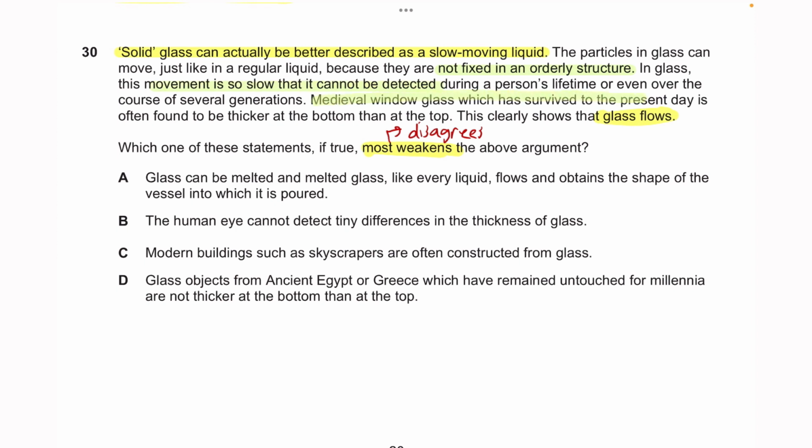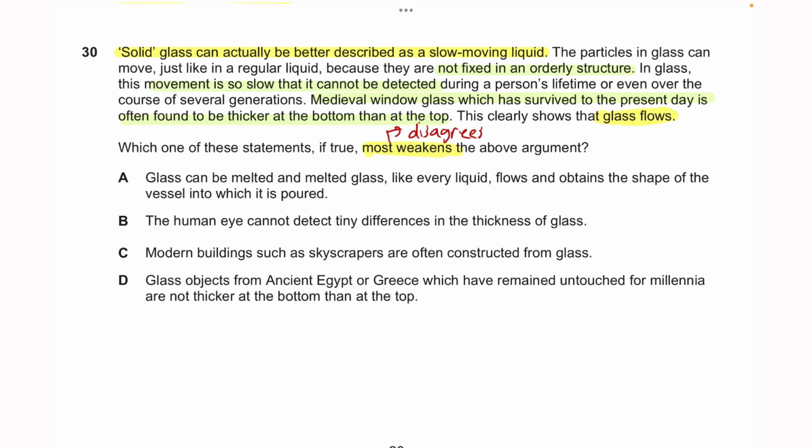So this is the evidence as well. Now, we need to find which one of these statements actually weakens this, and it says most weakens because there might be a few that weaken this idea. And the key thing, boys and girls, when you're trying to find the evidence that most weakens it, is that it needs to be relevant to the evidence that they give within here, not an entirely new idea.